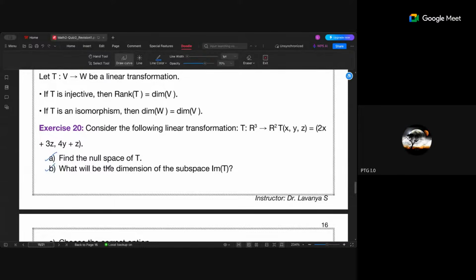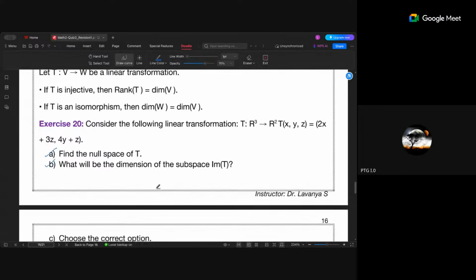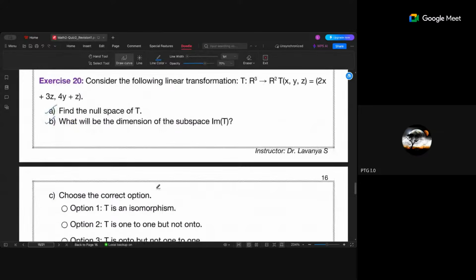Yes, ma'am. We're supposed to extract the matrix, and then find the null space, right? Exactly, that's all. So you just have to write what your matrix is. First write T1, T2, T3, and then you are done. So here you will get 2, 0, 3 in the column.